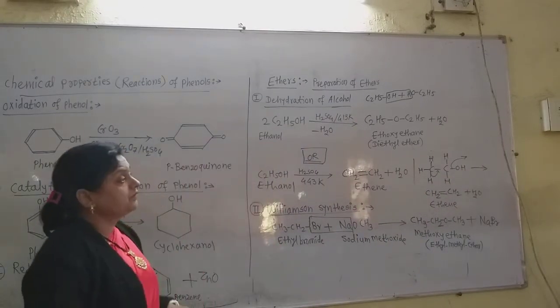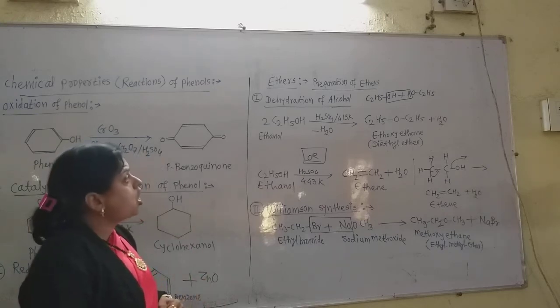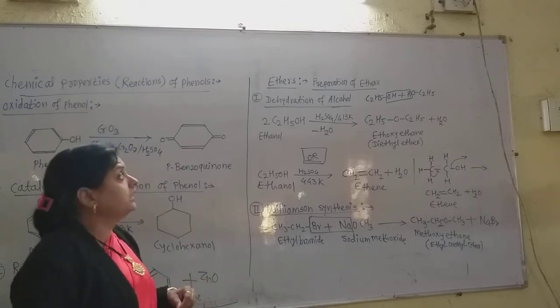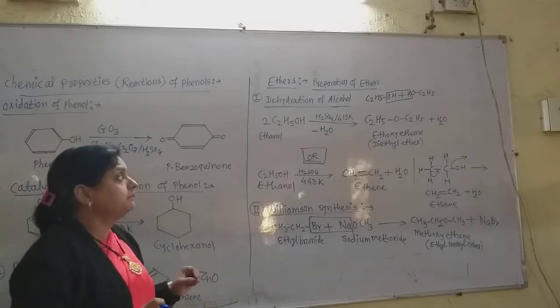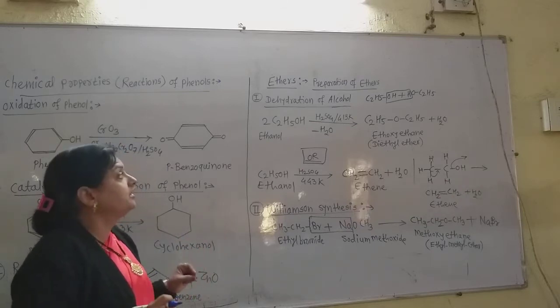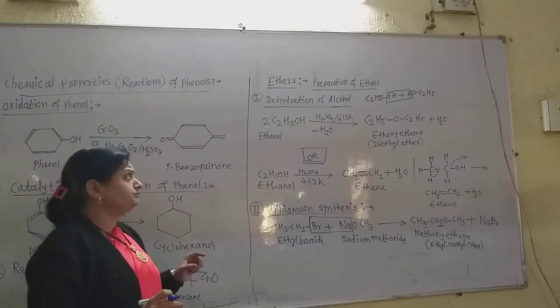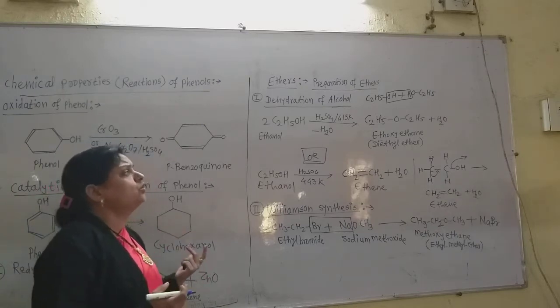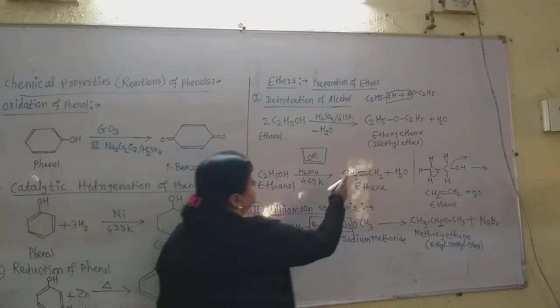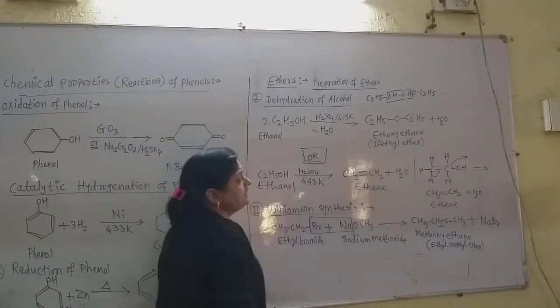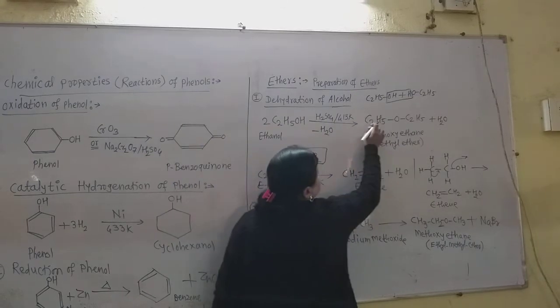Now this is the first method of preparation of ether. If we apply the less temperature, about 413 Kelvin, ethyl alcohol or any alcohol directly gives the ether. The name of this ether which is obtained from this ethanol is the ethoxyethane.